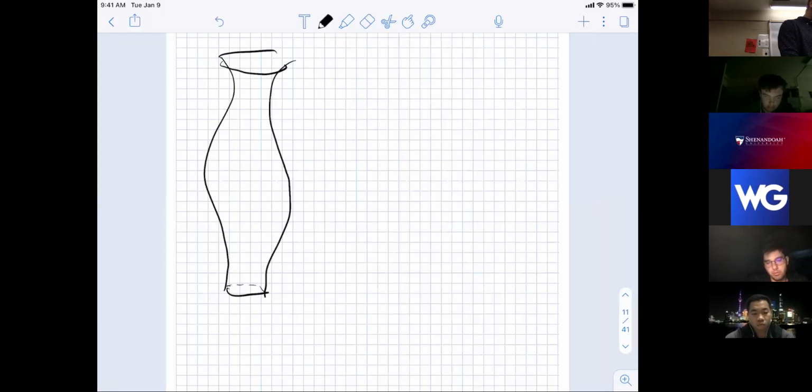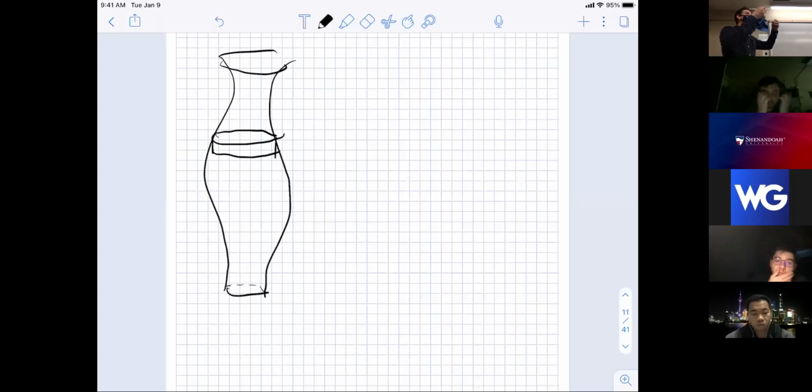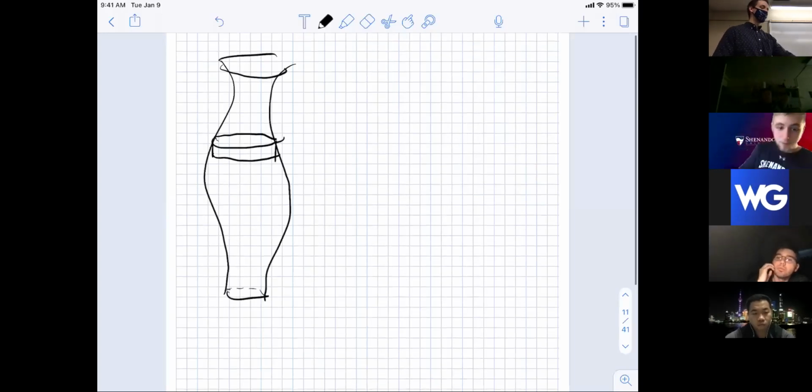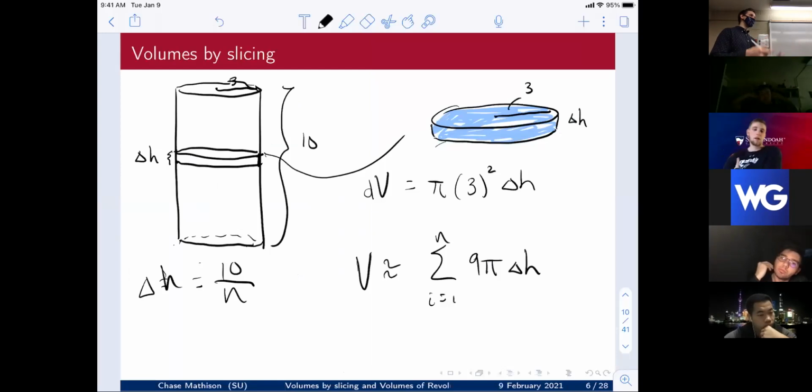So in general, the slice that I'm looking at, the radius will depend on which slice I'm looking at. But right now, this example is so simple that it really doesn't depend on what slice I'm looking at.